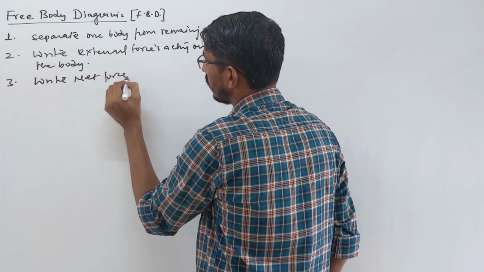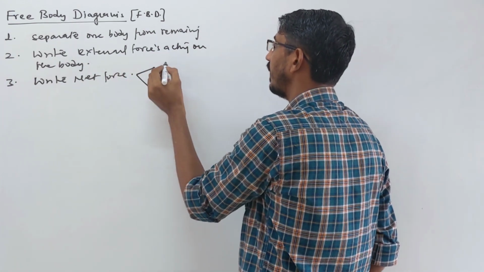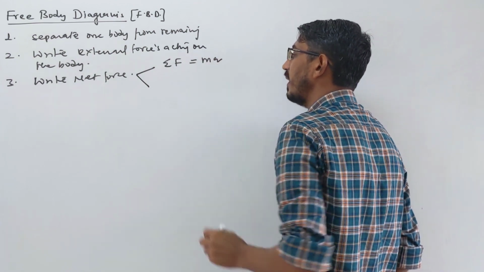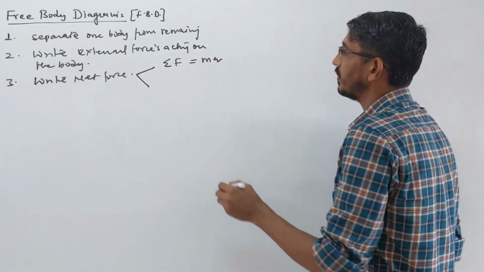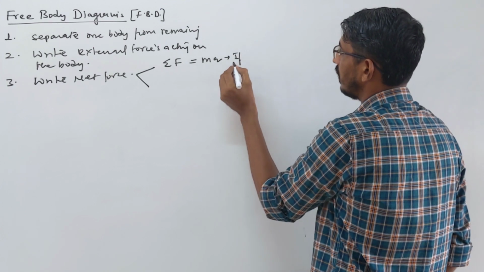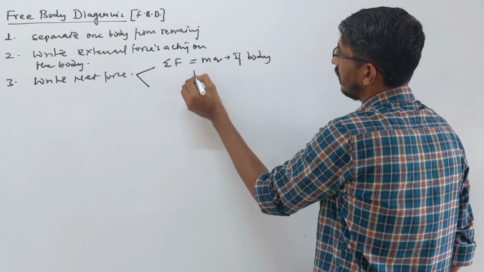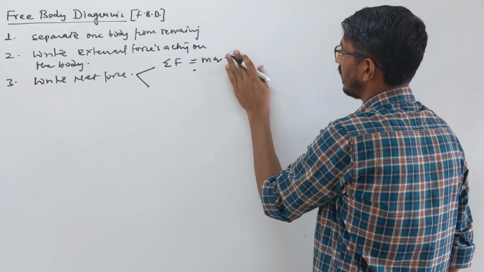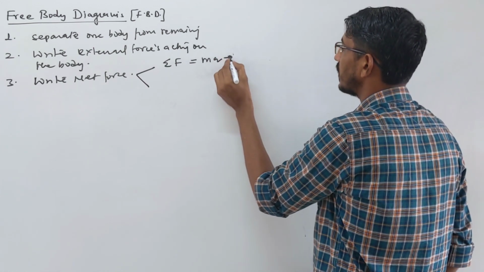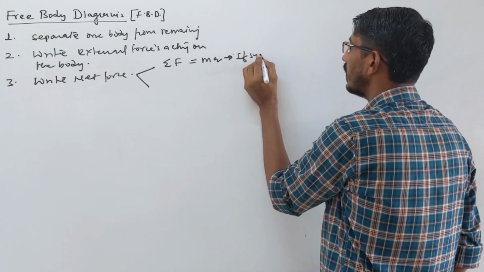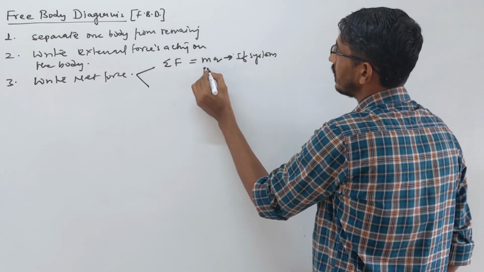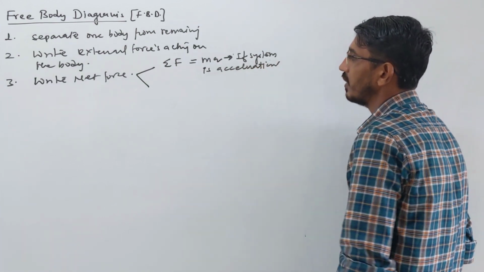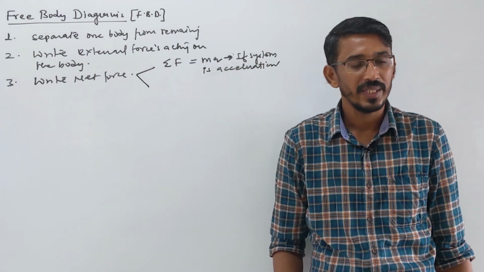Net force we can say two ways. One way, net force in the x or y direction will be equal to ma if the body is accelerating. Or you should write, if the system is accelerating, because the body will be part of the system, net force will be equal to Ma.